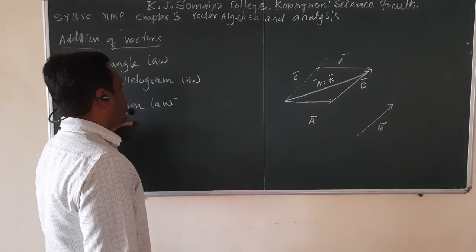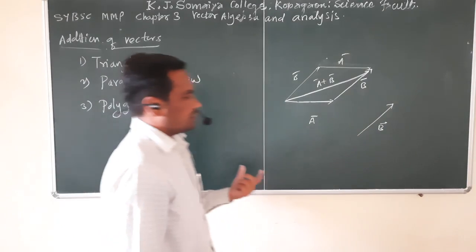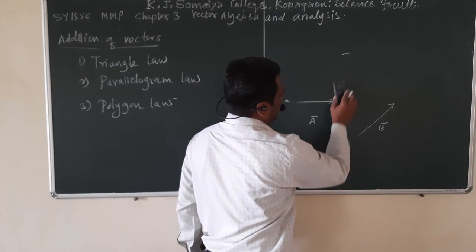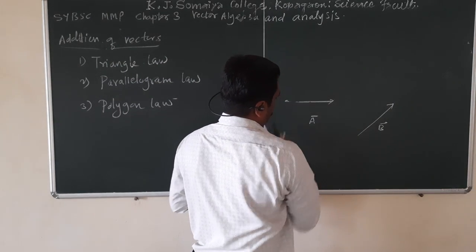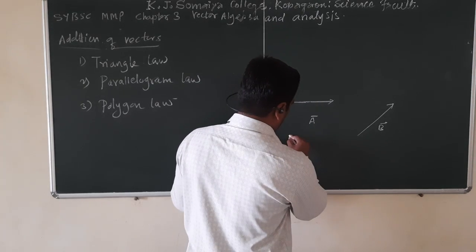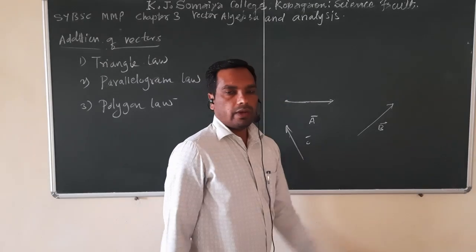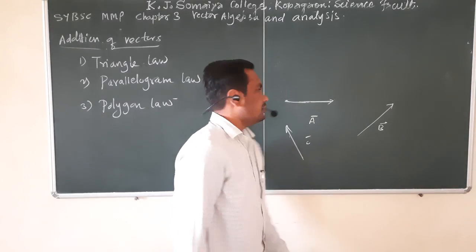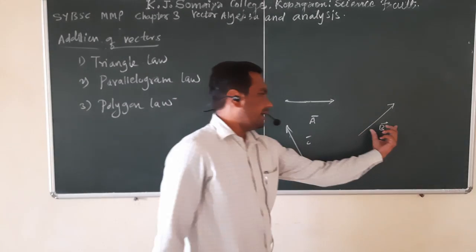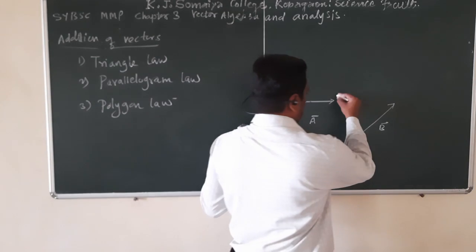Now next, the polygon law of vector addition. So how can we use the polygon law of vector addition? Suppose again, if you have more than two vectors, suppose this is vector a, this is vector b, and now suppose this is vector c, and we have to add these three vectors using the polygon law of vector addition. So again, take this vector b and keep it over here.